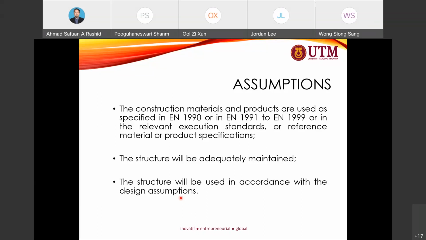If the structure is bigger, we need to have a pile test as well. However, if we want to design a guard house, it is not compulsory to have, for example, a thorough soil investigation. It is enough to have, for example, a Mackintosh probe to get an idea of the bearing capacity of the soil. Okay, so that is the advantage of what has been stated in EN 1990.